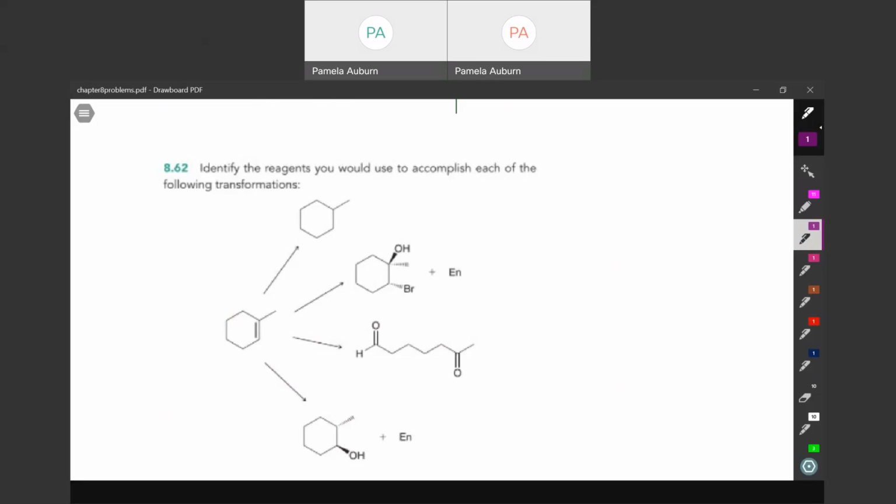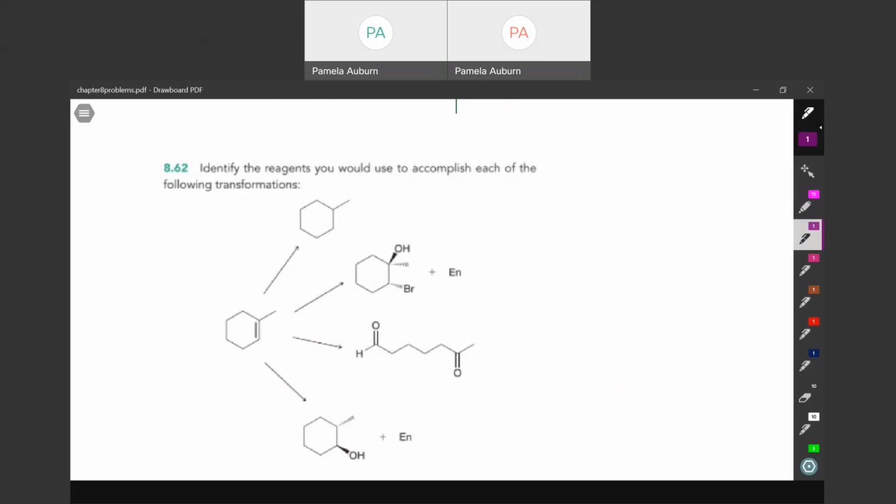The challenge is to put the reactions together in short synthetic sequences. It's kind of like solving a crossword puzzle. You're better off if you have a large vocabulary. And your vocabulary here is simply knowing what these reactions do and remembering that the stereochemical outcomes are important.